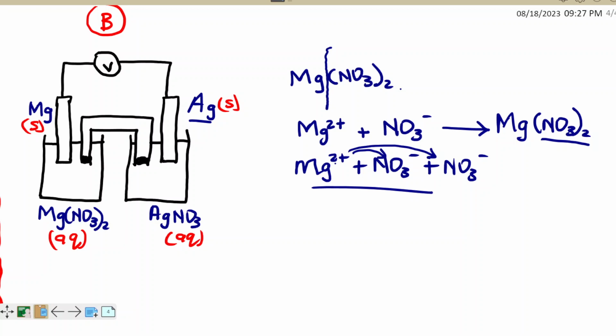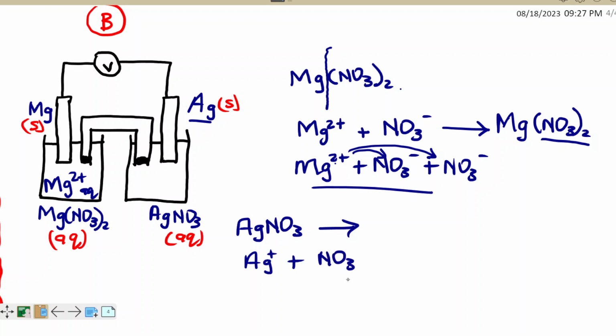So what I want you to notice is that in this solution, we have Mg2+ ions in aqueous solution. Similarly, if you look at this one, which is AgNO3, if you break this down, that means this was Ag+ and 1 NO3-.